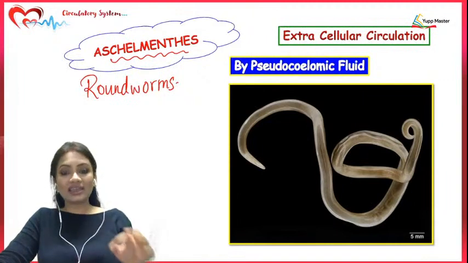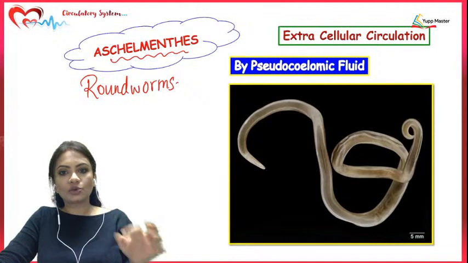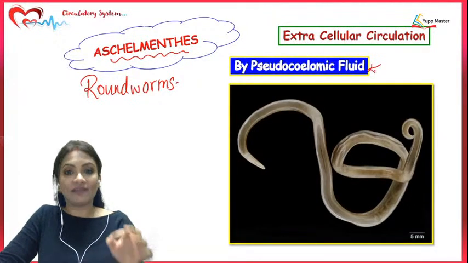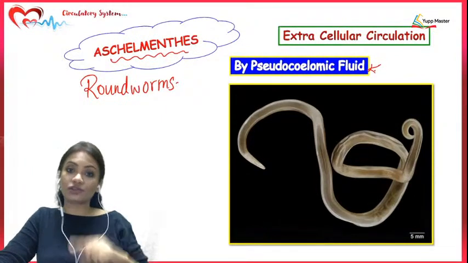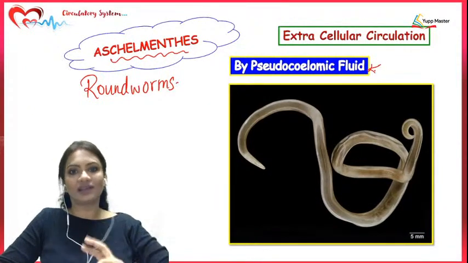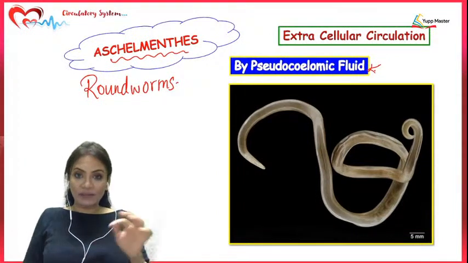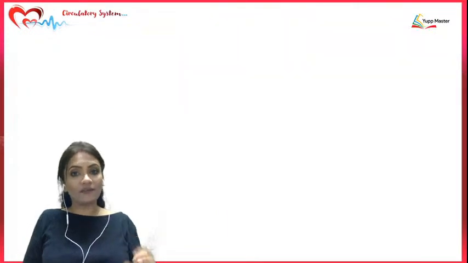It is that fluid which is going to behave as the circulating fluid, and it will help in the transport of all the different nutrients and the gases required by that animal. So, even the roundworms, even Aschelminthes, the circulation takes place by pseudocoelomic fluid.